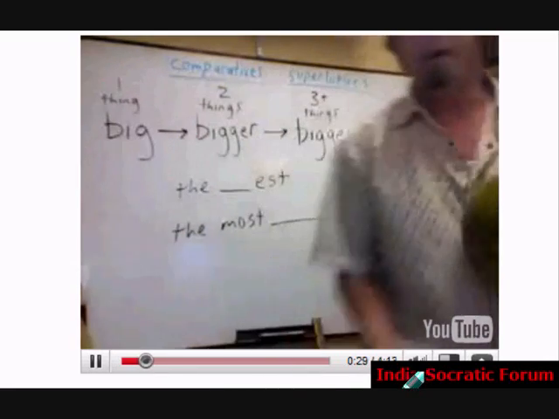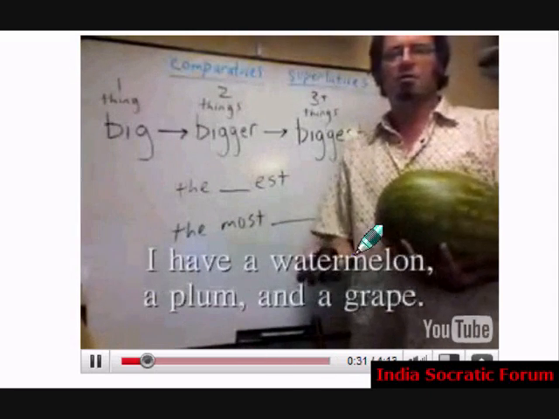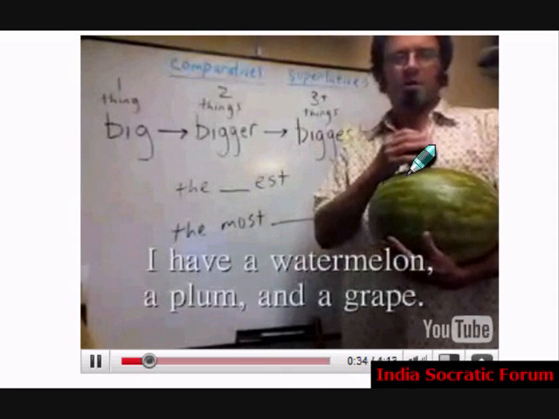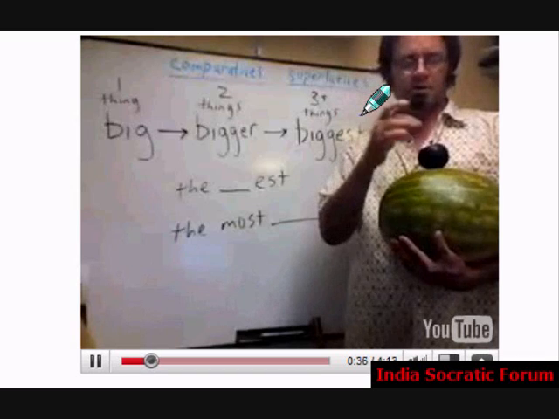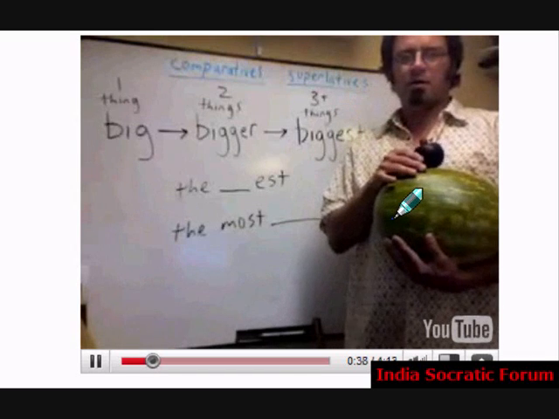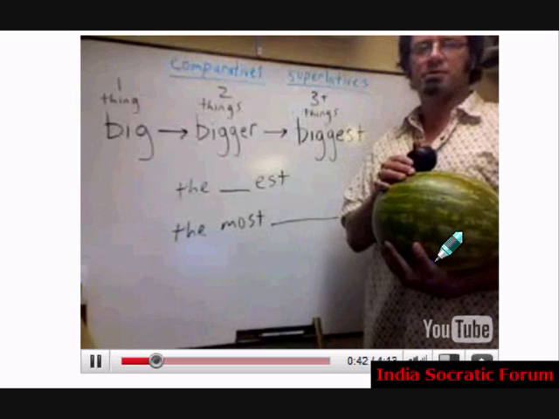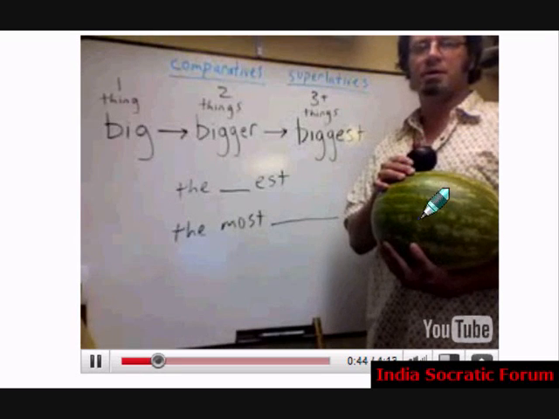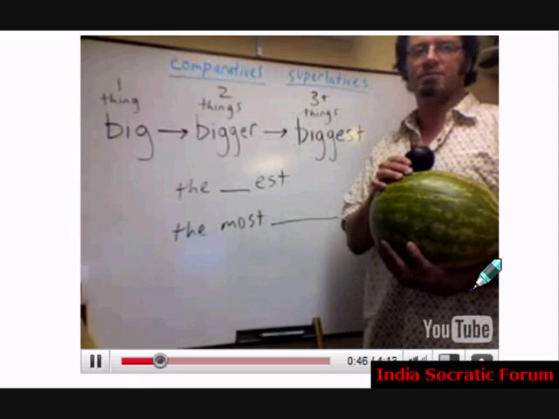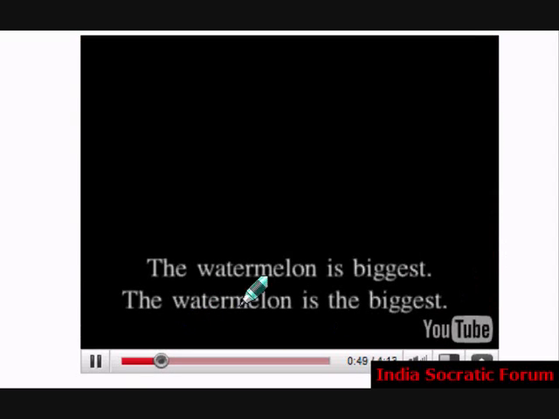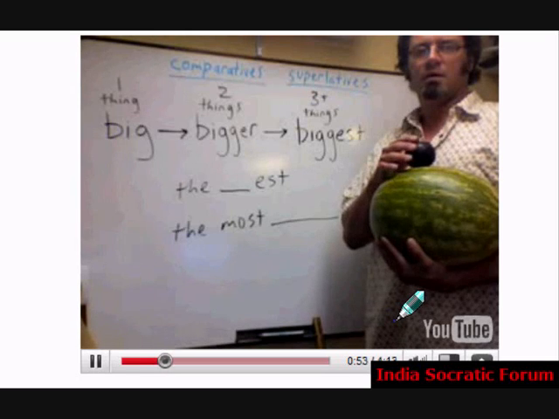If he has 3 things, like a watermelon, a plum, and a grape, a small grape, which one is biggest? The watermelon is the biggest among all the 3 fruits he has. All the 3 things he has. The watermelon is the biggest.